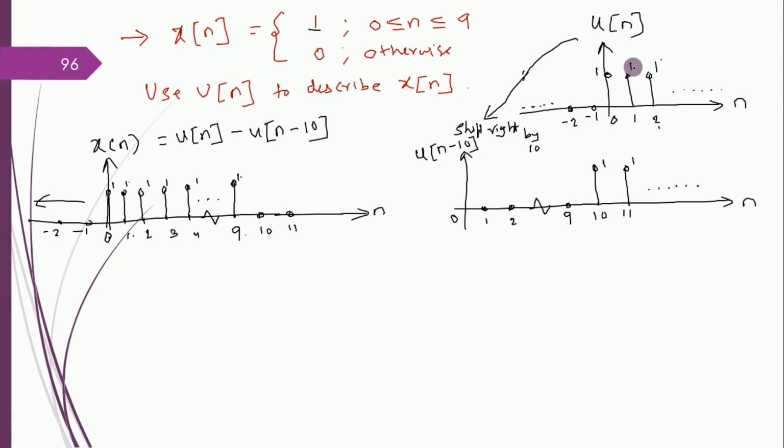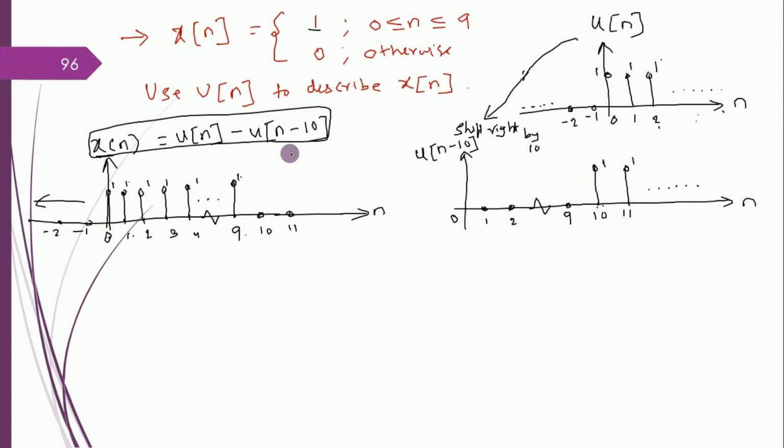But at 10 and 11 it also has amplitude 1, so when I subtract, at n equal to 10 amplitude 1 and 1 cancel, at n equal to 11 they cancel, and thereafter every time they cancel. Hence the given signal is achieved by a mathematical model: x of n is equal to u of n minus u of n minus 10.